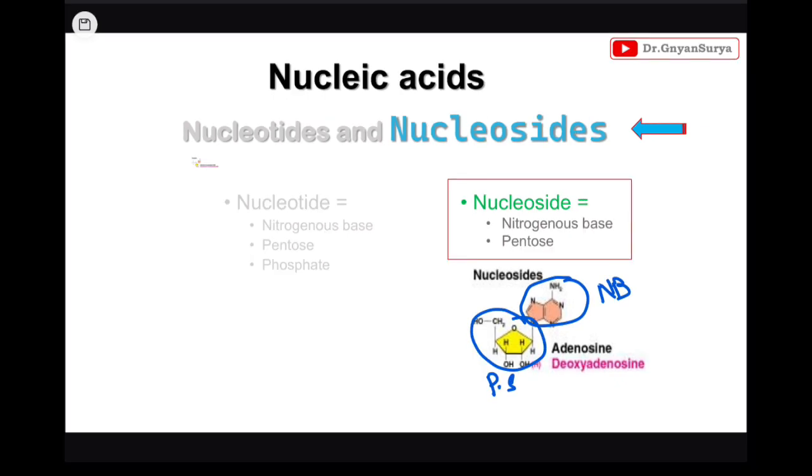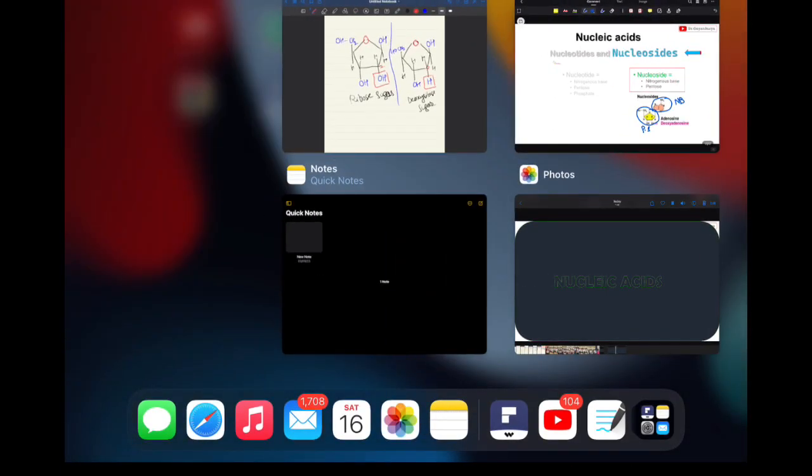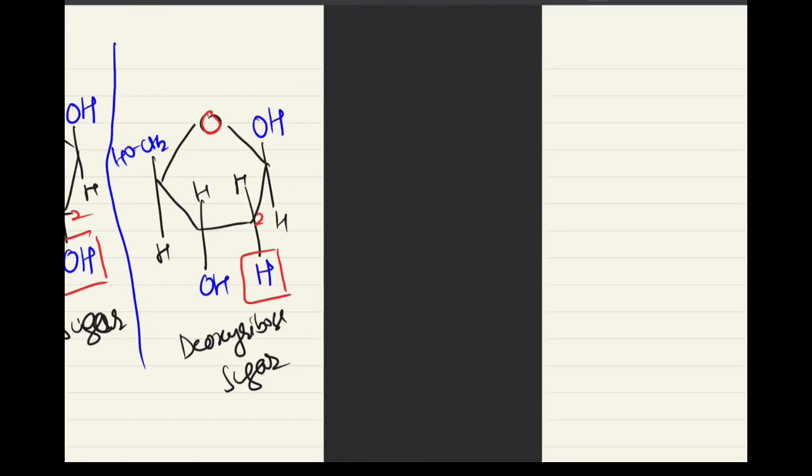Okay, now I am going to show you how to draw the individual components of the purines and pyrimidines. First I will start with purine. Okay, as we know, purine has 4 nitrogens and a fused ring structure.